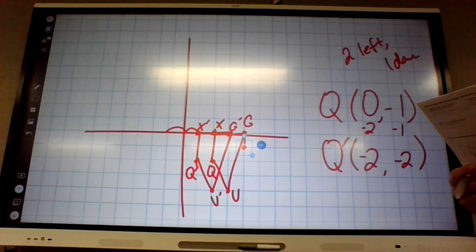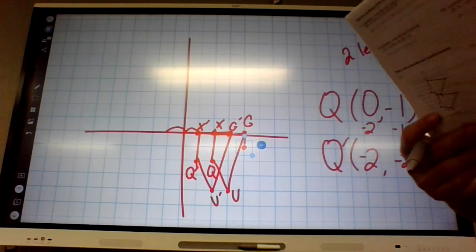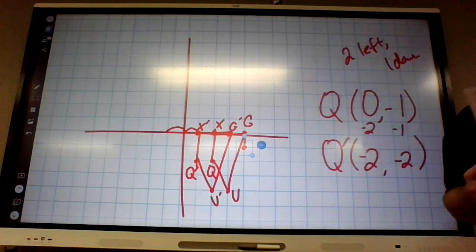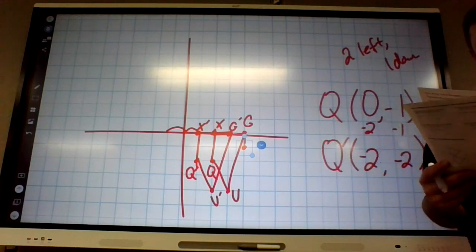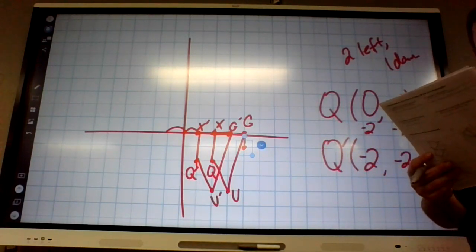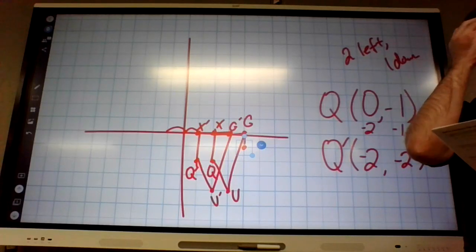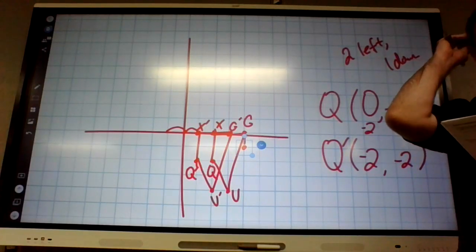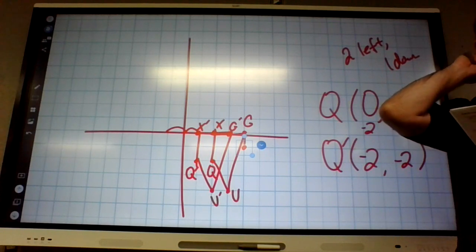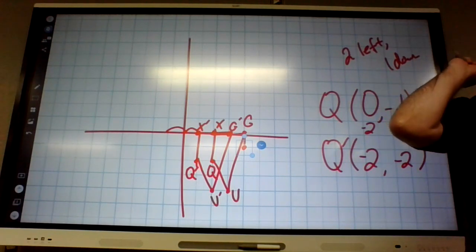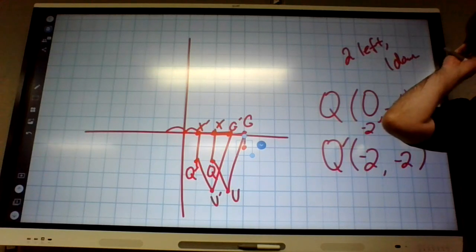Number 11. Now, this does look easy, and it is easy. What do you think they mean by write a rule to describe the transformation? How far it moves. Yeah, describe its movement, like up 3, right 2. It is kind of easy, but there is a way to get it wrong. For example, on 11, you might say it's down 4, and you would be wrong. That's up, so down 5. That's the prime thing.